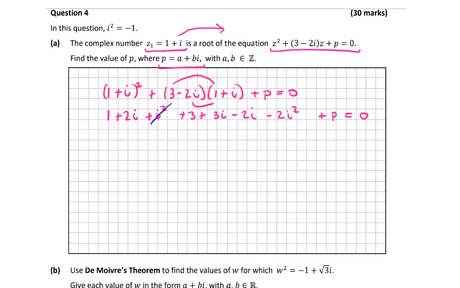We have a minus 1 and a plus 1, and then we have a plus 2i and a minus 2i. So that's going to leave me with 3 minus 2 by minus 1, 3 plus 2 is 5, and then plus 3i, and that will be plus p equals 0. We want p, so we need to bring them across. p is equal to minus 5 minus 3i.